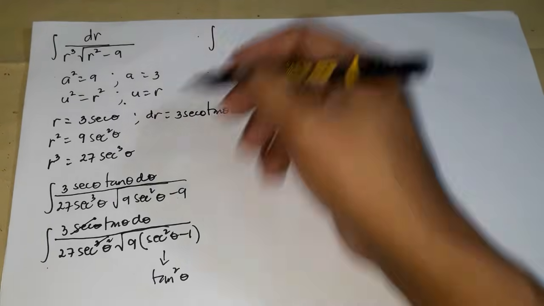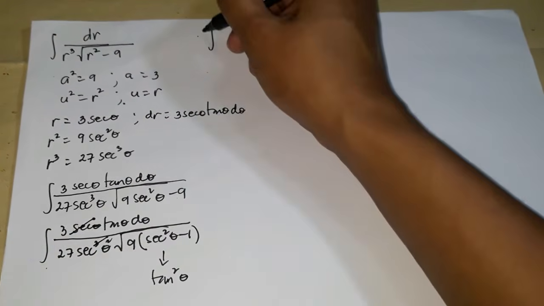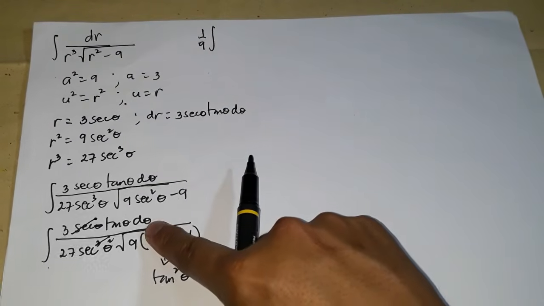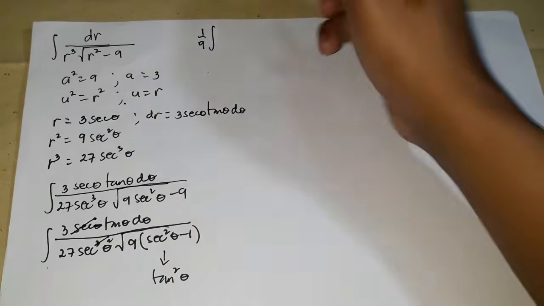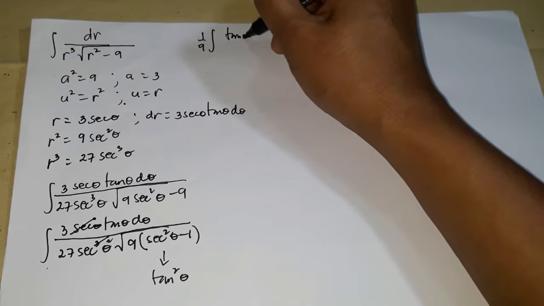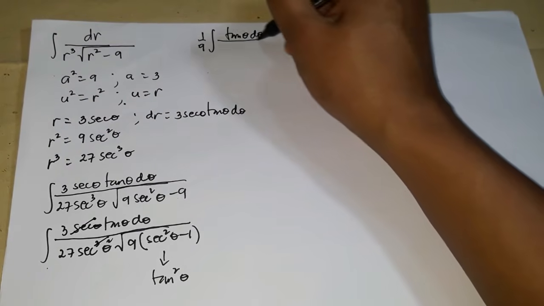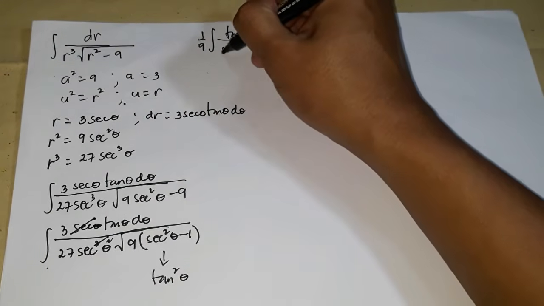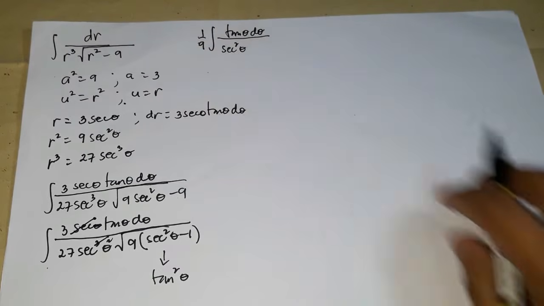Then you now have 3 over 27. That's 1 over 9. You can just write out 1 over 9. Then what is left in the numerator is tangent theta alone, tangent theta d theta all over. This secant cubed earlier will now become secant squared theta.